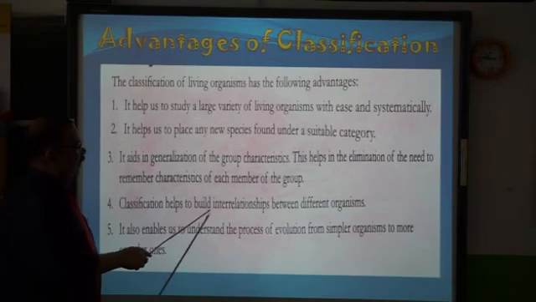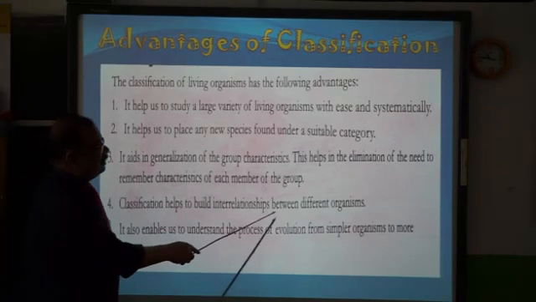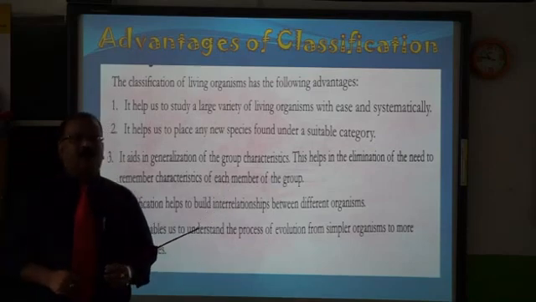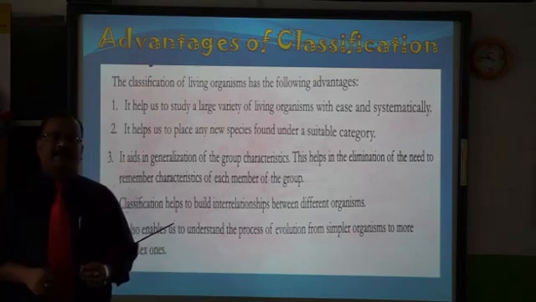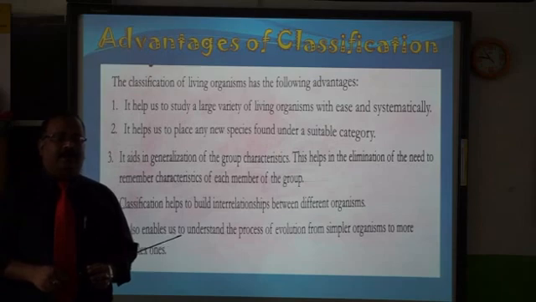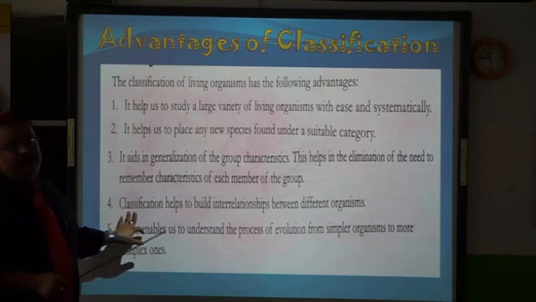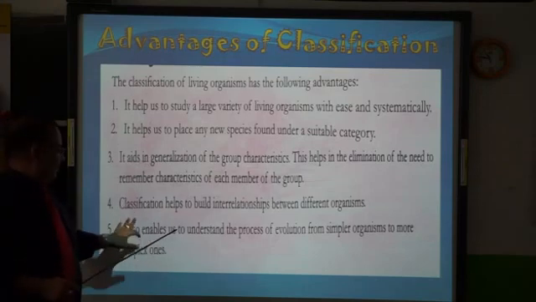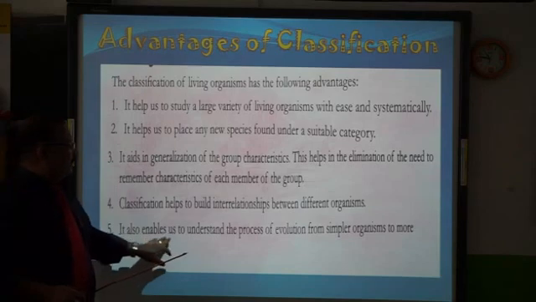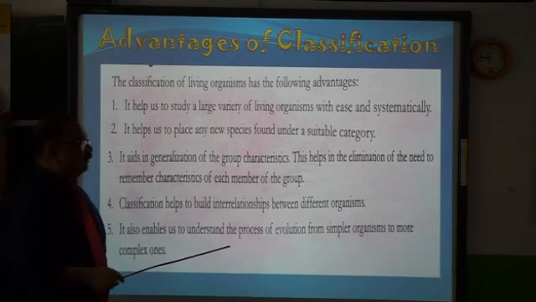Classification helps to build interrelationships between different organisms. How these various organisms are similar or different, what is the relationship between them, how close they are, all these things you can learn because of this classification. It also enables us to understand the process of evolution.